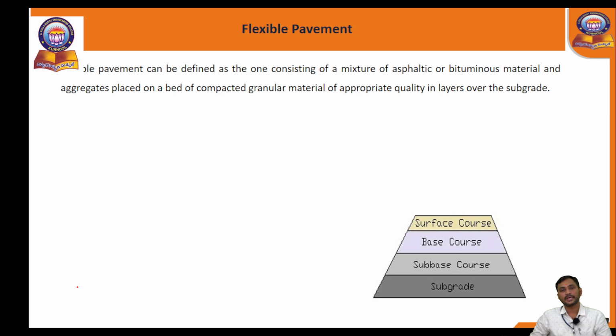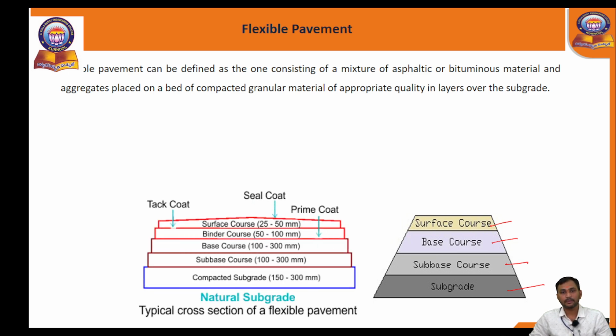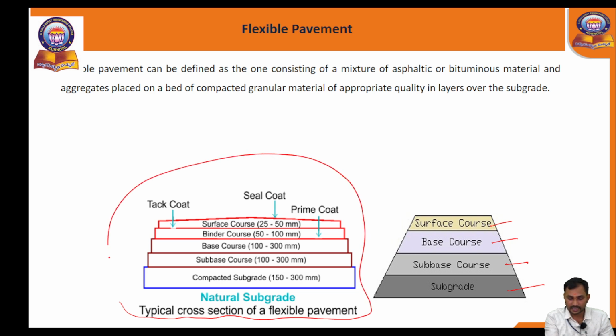Okay, in the previous slide we discussed that the flexible pavement has 4 layers. What are those layers? One is the subgrade, another is the subbase, third is the base layer, and fourth is the surface course layer. You see, this is a small typical cross section of flexible pavement.